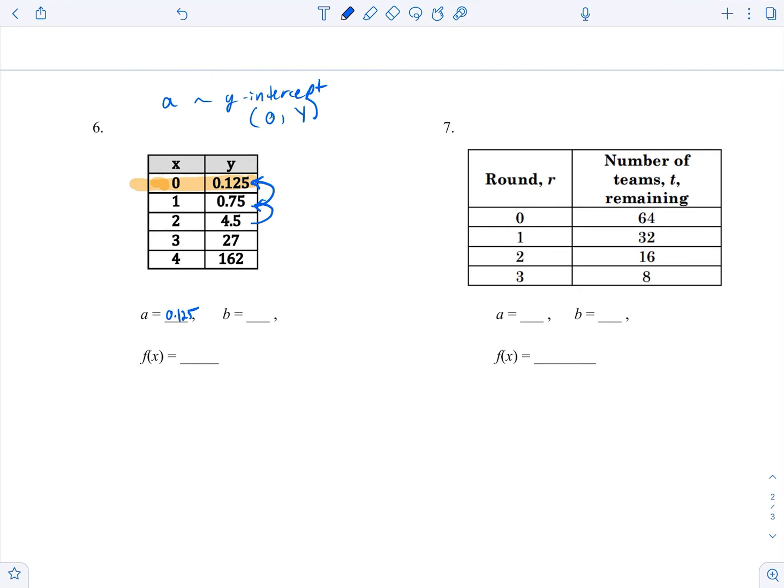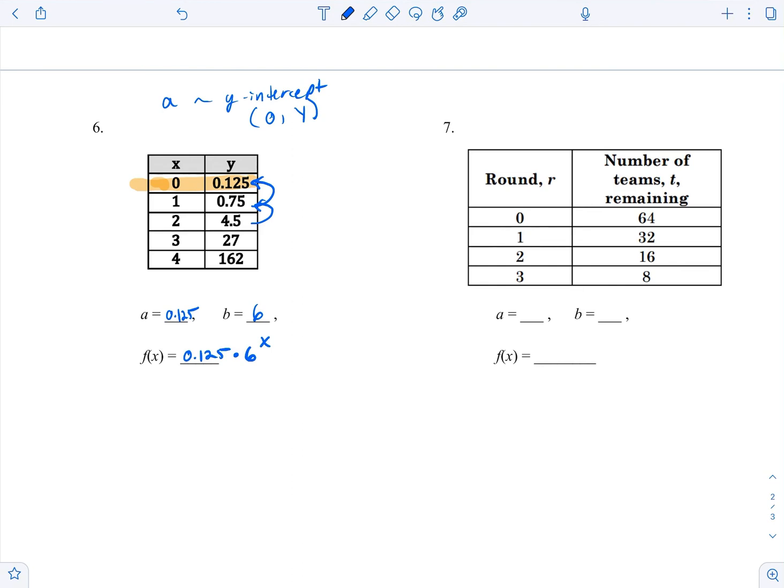So here we go. 0.75 divided by 0.125 gives us 6. So then what should our equation be? 0.125 times 6 to the x. And we're done with number 6.